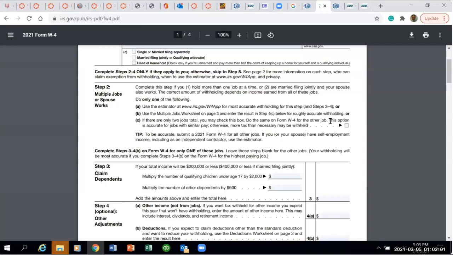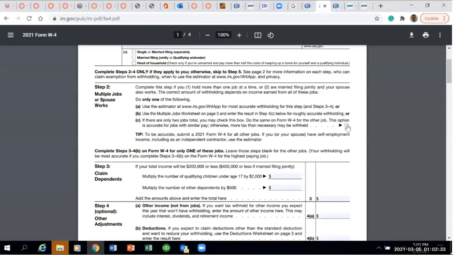So what it means is that this is not my only job. I have another job too, multiple jobs. So if you have another job, that means you need to withhold more, because it looks like you are making a lot of money, not just from this job, but from another job too.